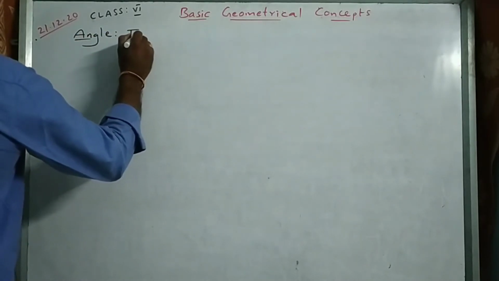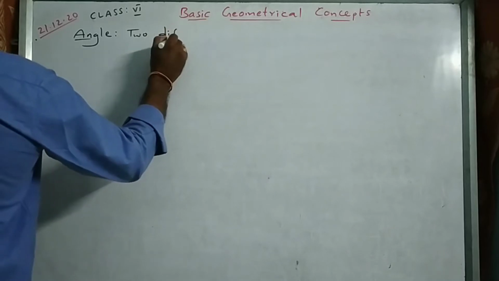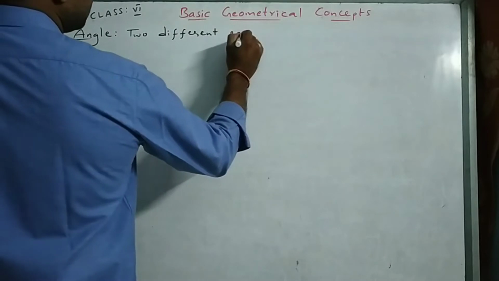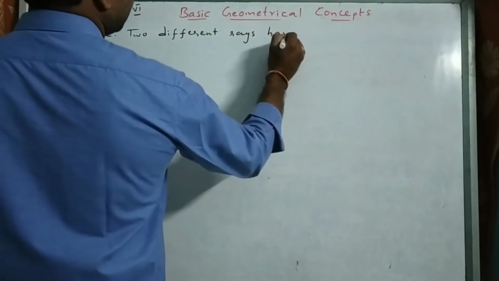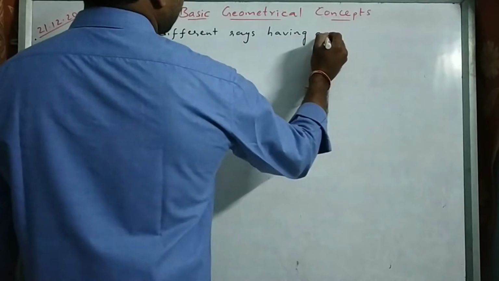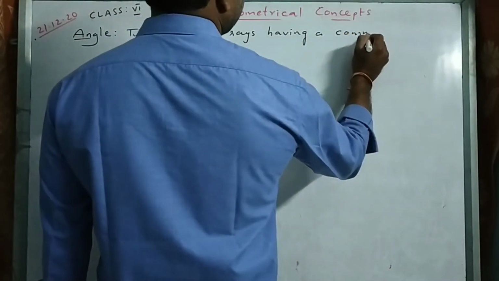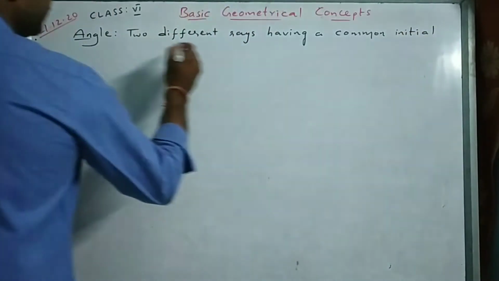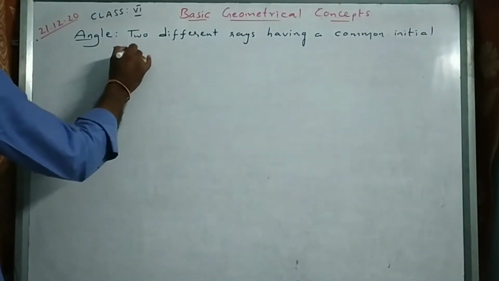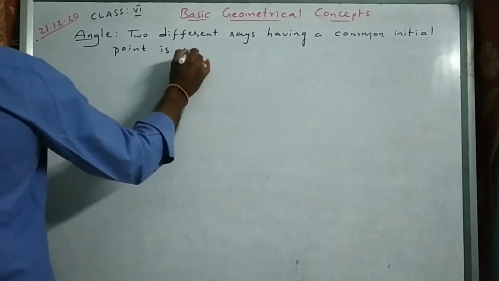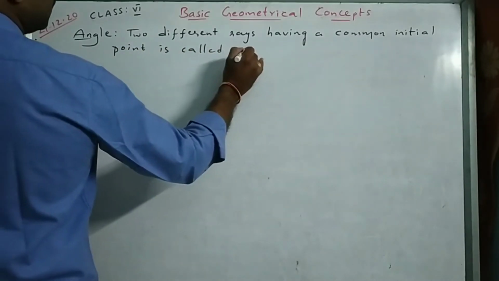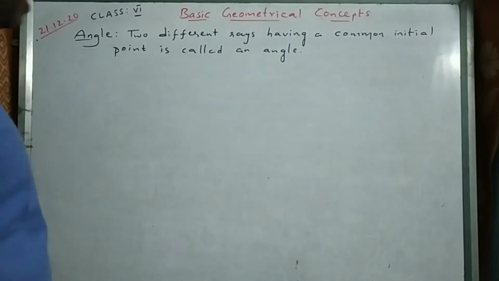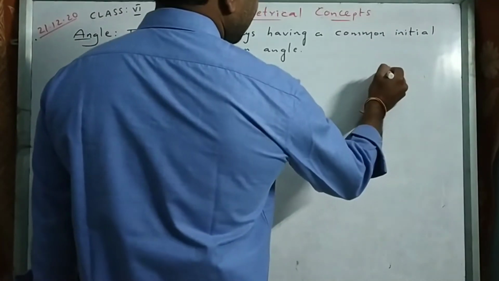Two different rays having a common initial point is called an angle.